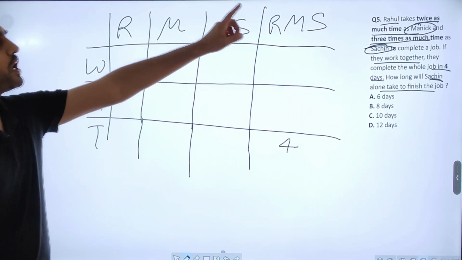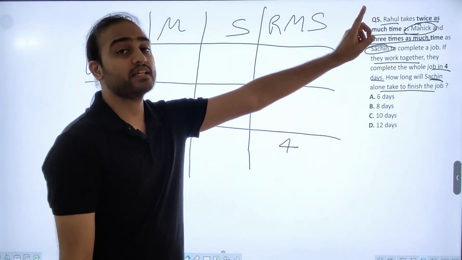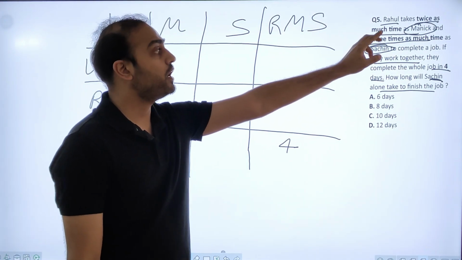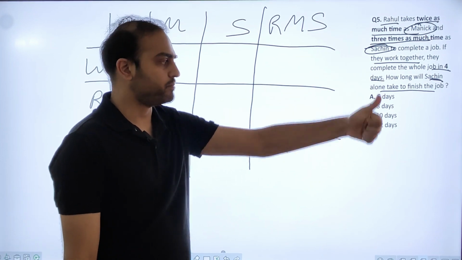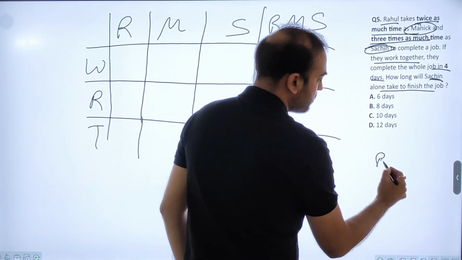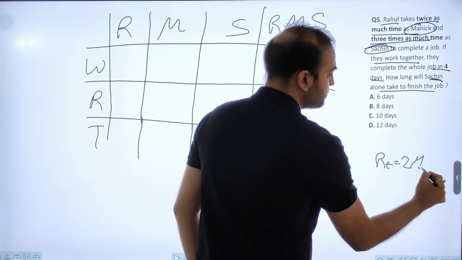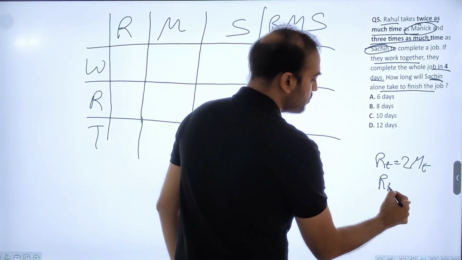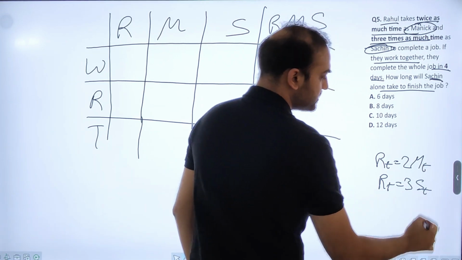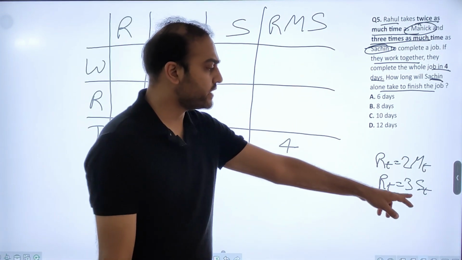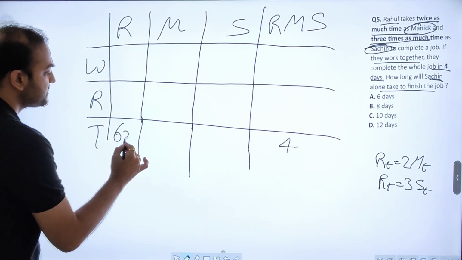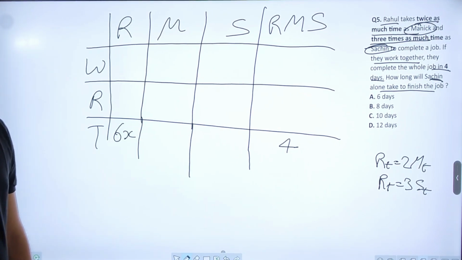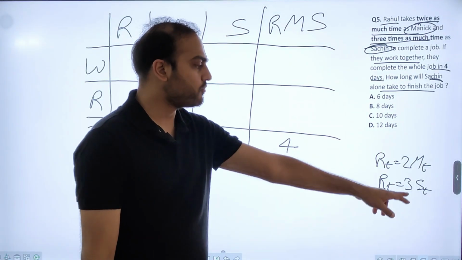Alright, so we know Rahul is twice of Manik, but this is with respect to time, and thrice of Sachin again with respect to time. So if I write here, Rahul's time is 2 times Manik's time and Rahul's time is 3 times Sachin's time. Because of 2 and 3, we can take Rahul's time as 6x, since it's a multiple of 2 and 3.